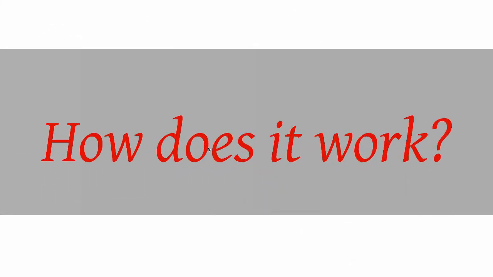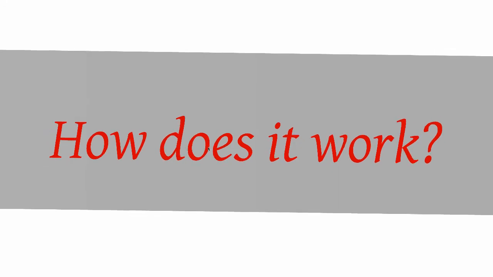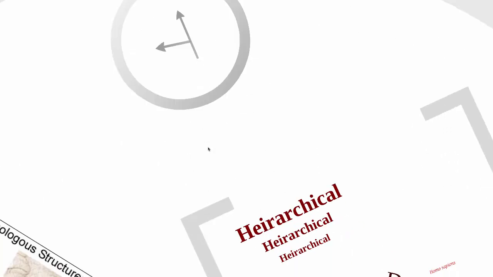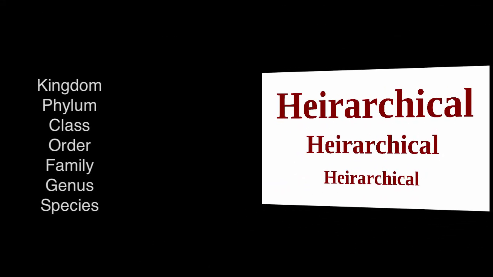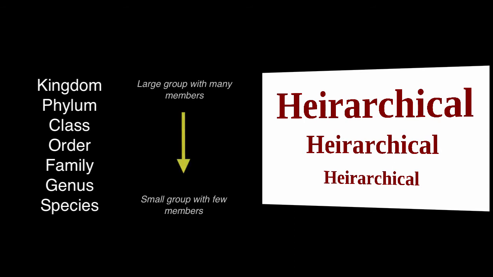The next question I'd like to tackle is, how does it work? And again, we're going to get into this in a little bit of detail. But the first thing I would like you to understand is that taxonomic organization is hierarchical. Kingdom is a larger group that has various phyla nested within it.